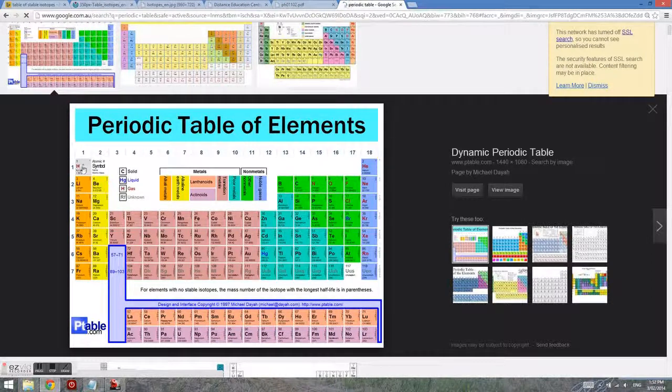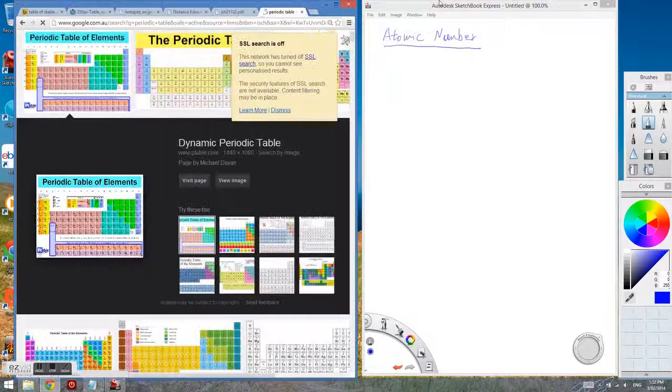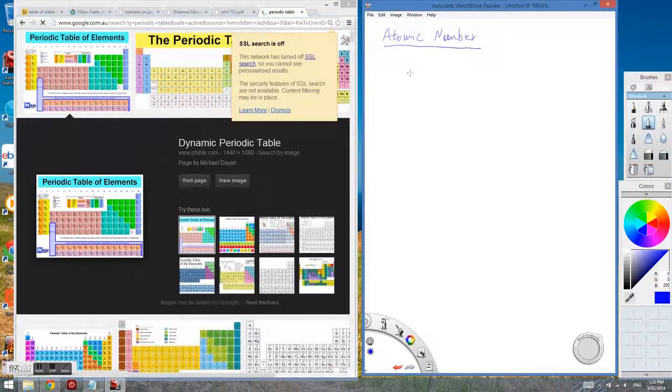Now if you have a look at the periodic table, every element has an atomic number. For instance, hydrogen is 1, helium is 2, and so on. An atomic number is assigned to each individual element. Let me take carbon as an example. Carbon has an atomic number of 6. Normally the mass number will be 12.